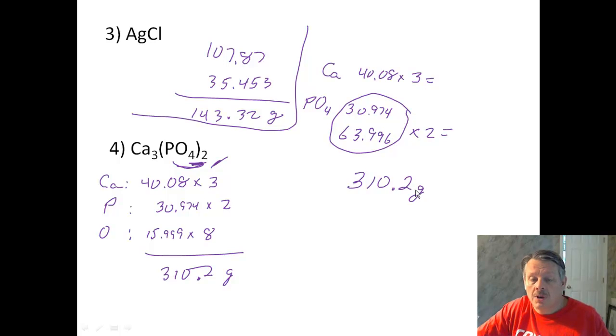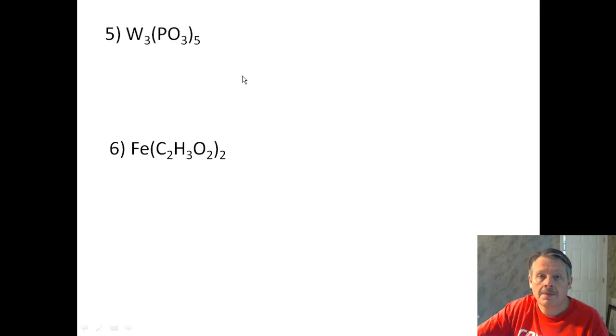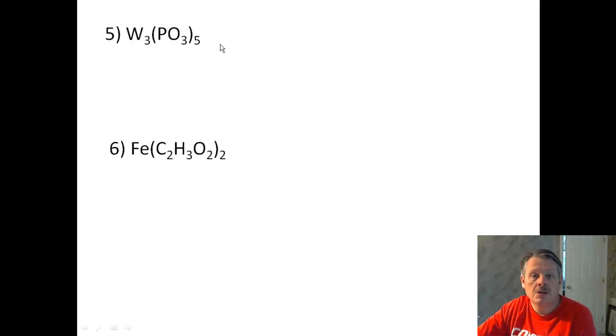Either way is fine. You choose which way works better for you. I personally prefer the first way, but I know lots of students prefer the second way. So you choose. Alright, you have that same choice to make here with tungsten phosphate. I'm going to do it my way. So I've got tungsten, which is 183.85, and I've got 3 of them.